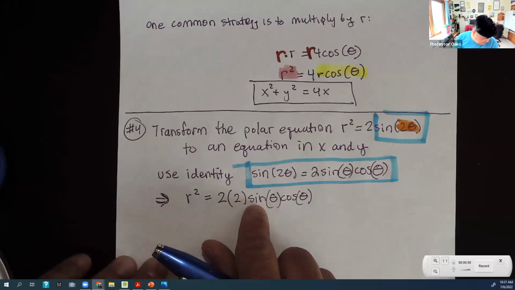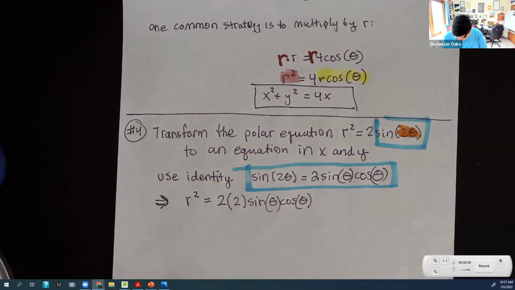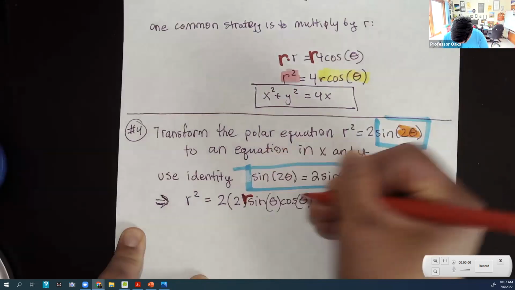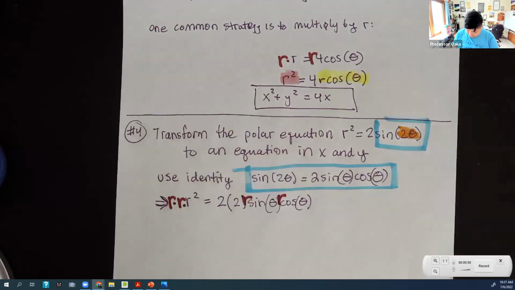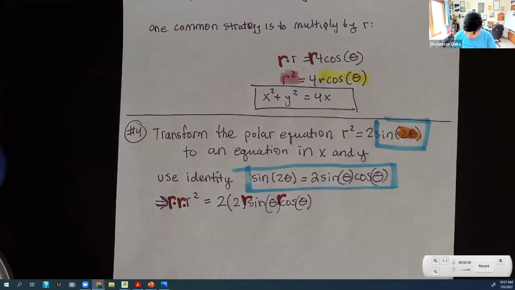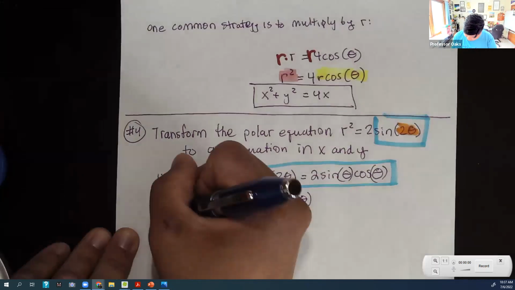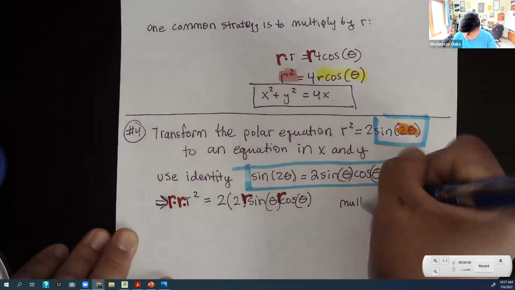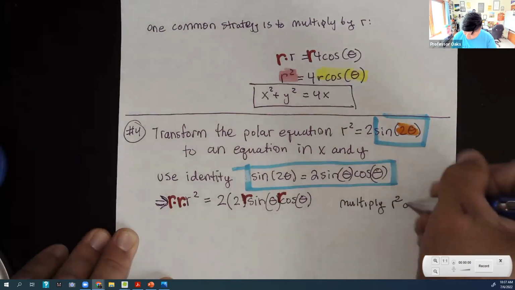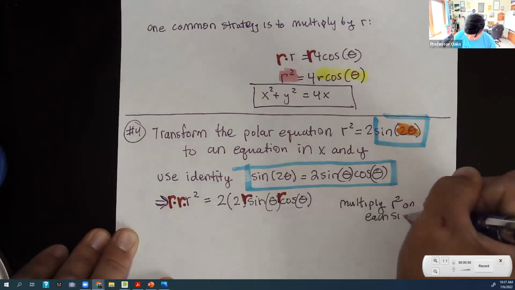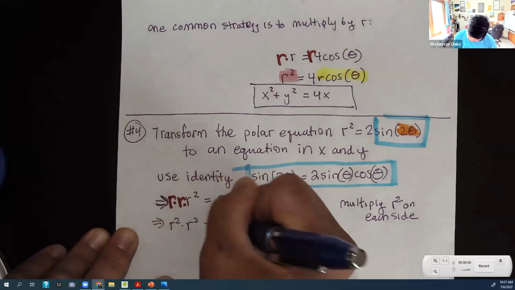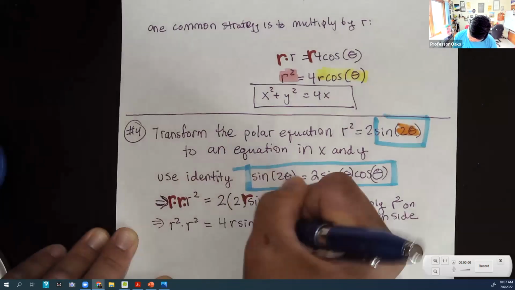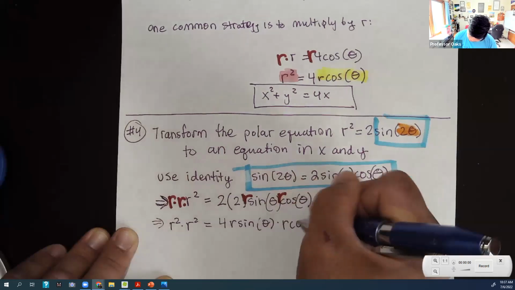So you're going to multiply by r twice, because you need an r sine of theta and an r cosine of theta. So you're going to do r times r: multiply by r squared on each side. So this is r squared times r squared equals 4 r sine theta times r cosine of theta.